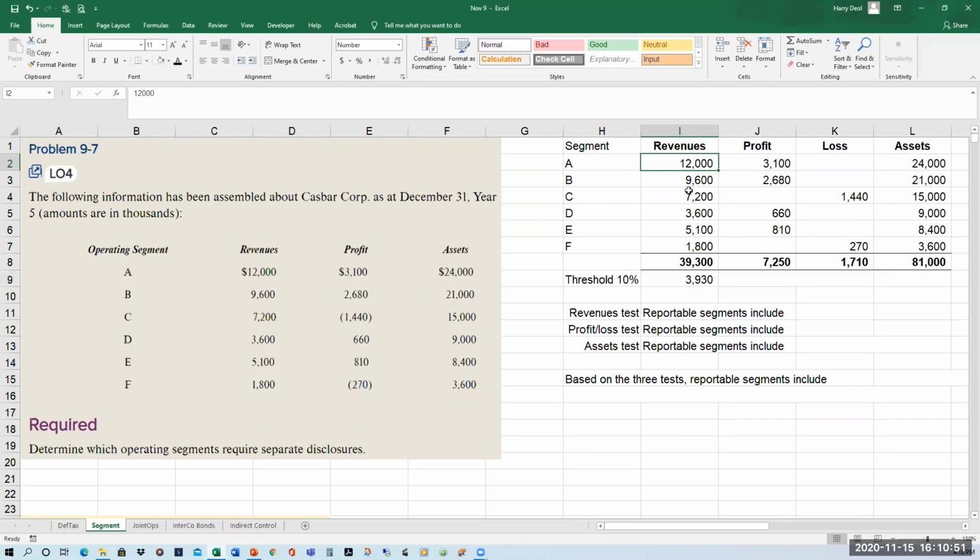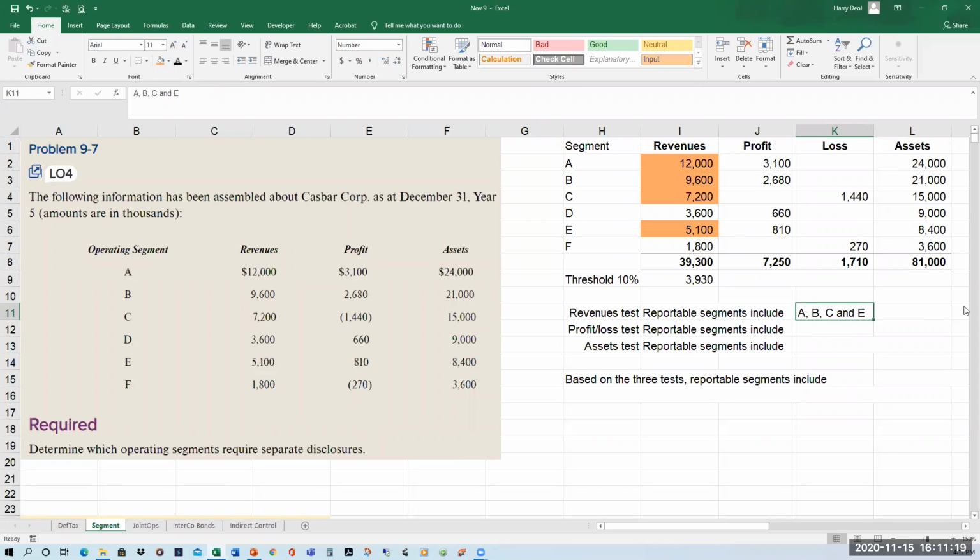So it should be a pretty easy exercise here. A, B, C, and E are four segments that had revenues of 3,930 or more. So based on the revenues test, the reportable segments include A, B, C, and E.